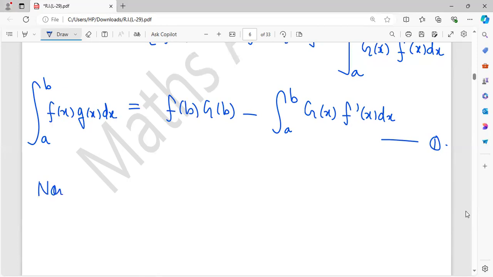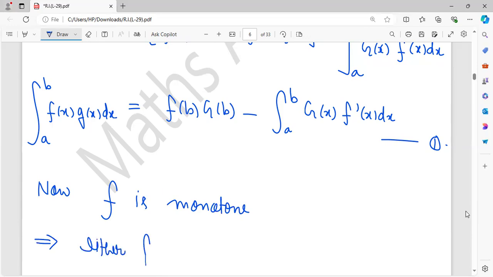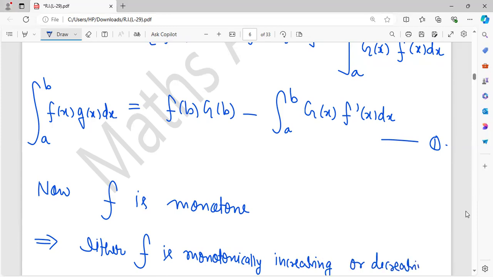Now f is monotone. So this implies either f is monotonically increasing or decreasing. Monotone increasing or decreasing.